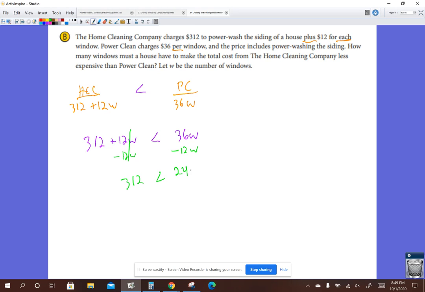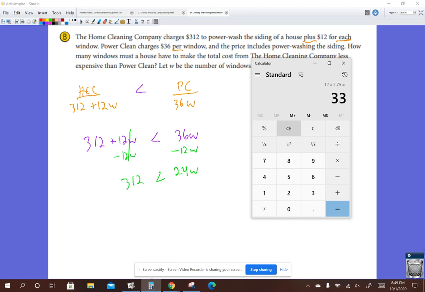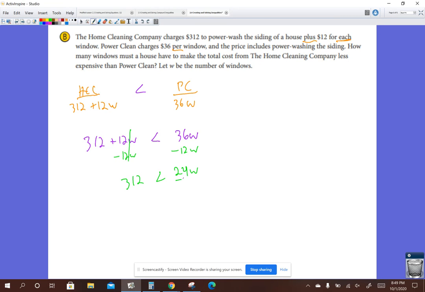Over here we have 24W. I'm going to use my trusty tool here. Divided by 24. And we figured out that we need to wash more than 12 windows, 12 windows to make the cost from the home cleaning company less expensive than Power Clean.